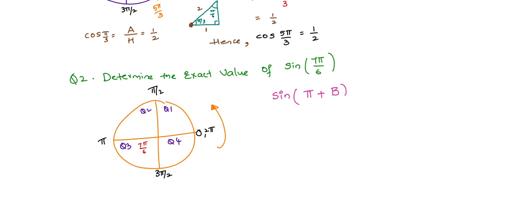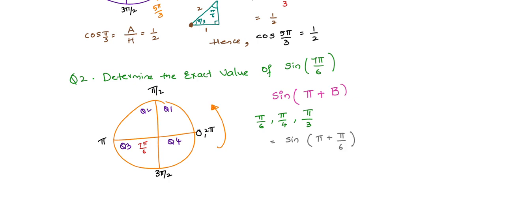As I said, the base angles are pi on 6, pi on 4, pi on 3. Out of these three base angles, pick a base angle that, when you add it to pi, gives you 7 pi on 6. The only base angle that would give you that is pi on 6. So you would write sine of pi plus pi on 6.